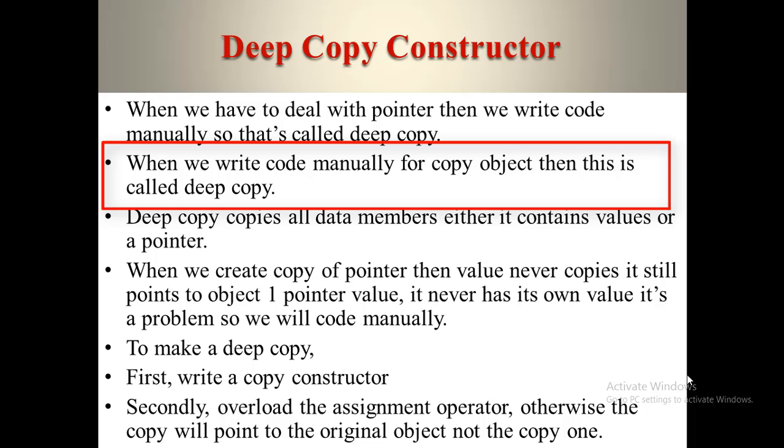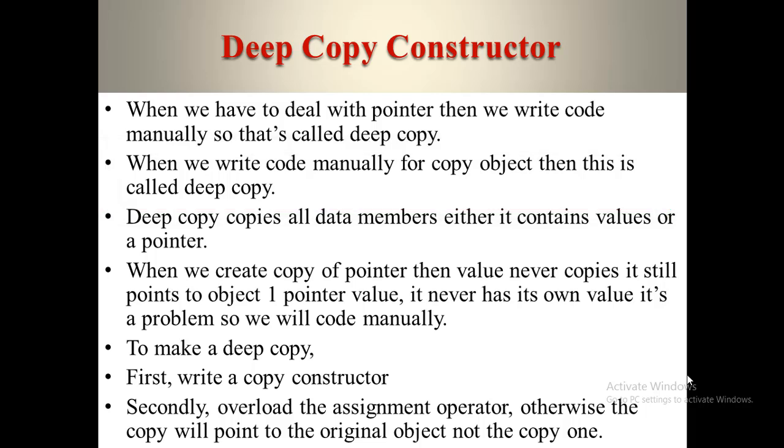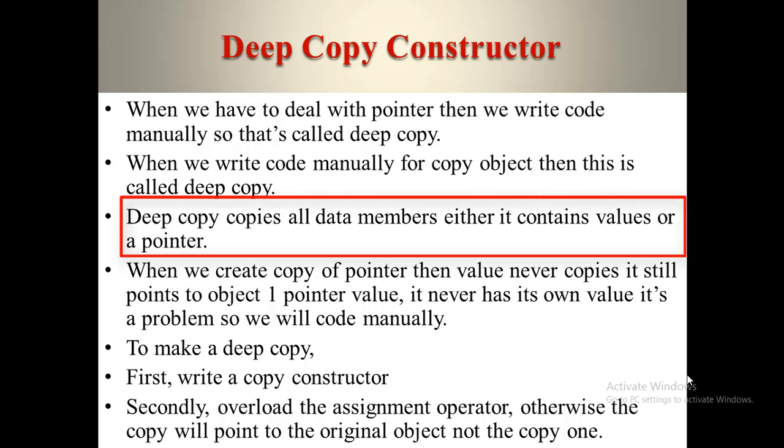We have to send a request to the memory to occupy space, and then we create the copy of that object and save it in memory at a different location. Deep copy copies all data members, whether it contains values or a pointer.